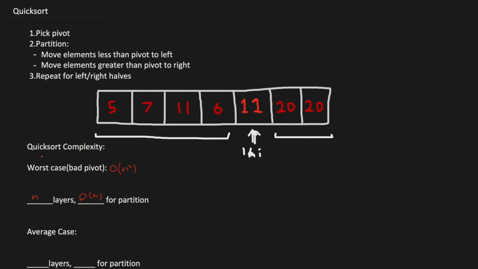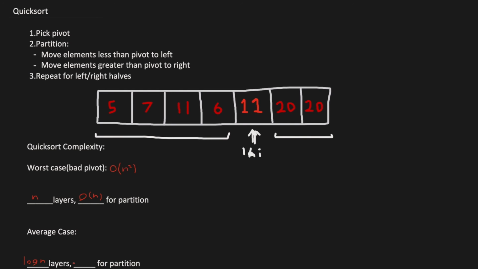But if we choose a good pivot, then on average, quicksort will only have log of n layers because it'll tend to split the array by halves, similar to merge sort.